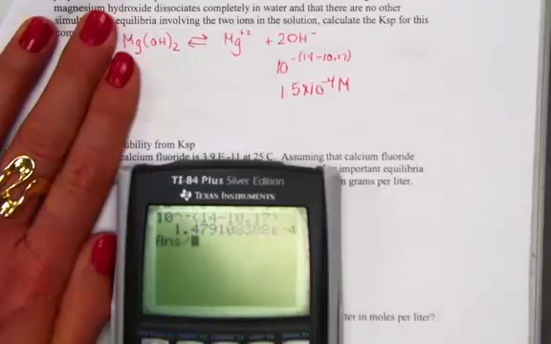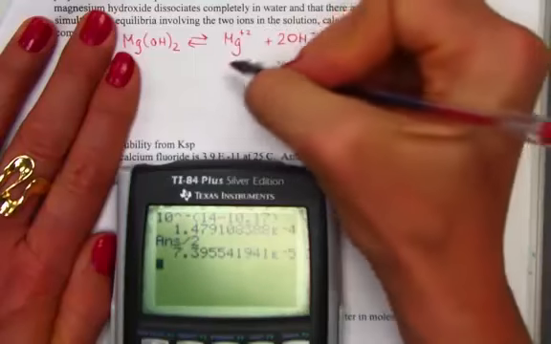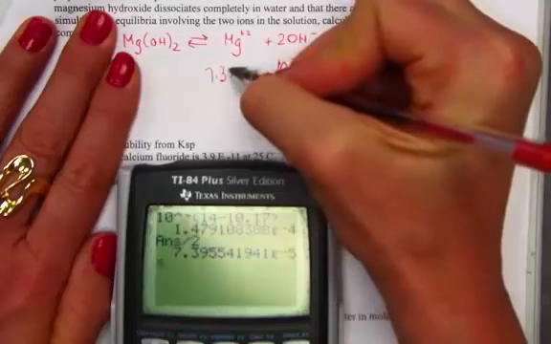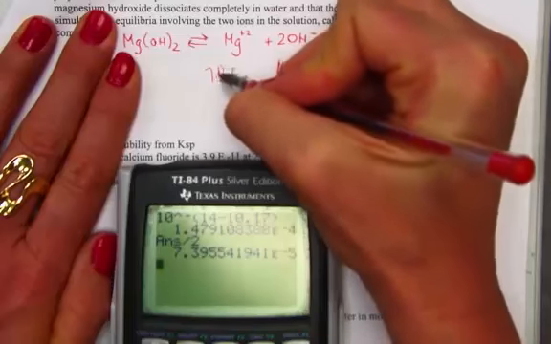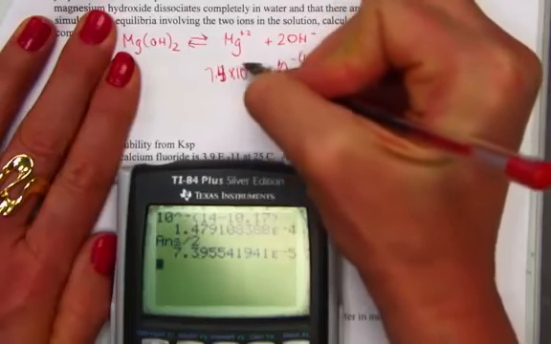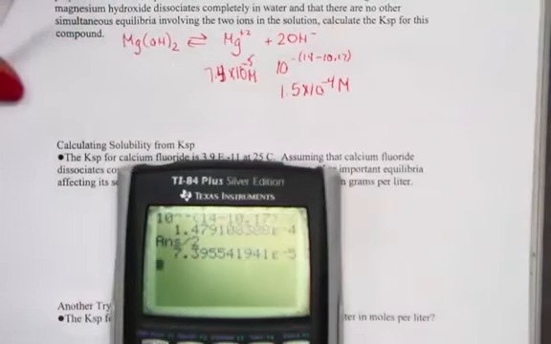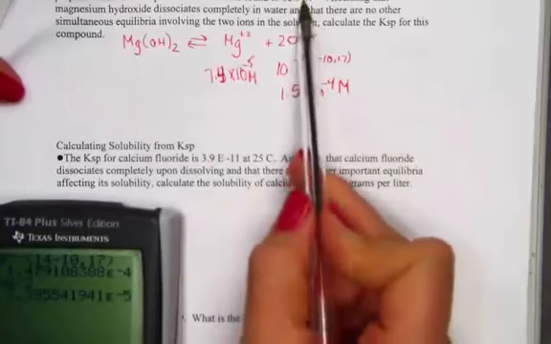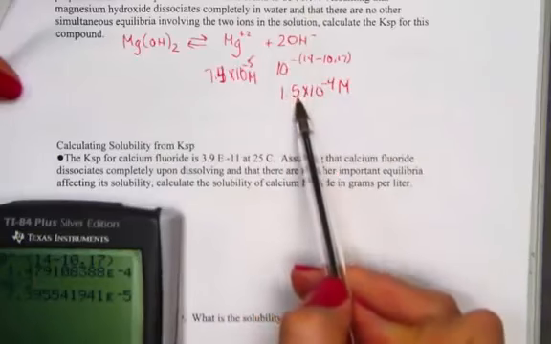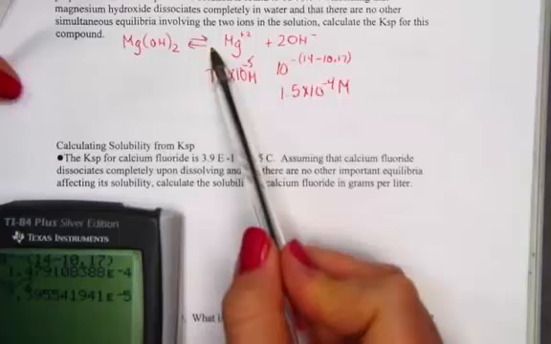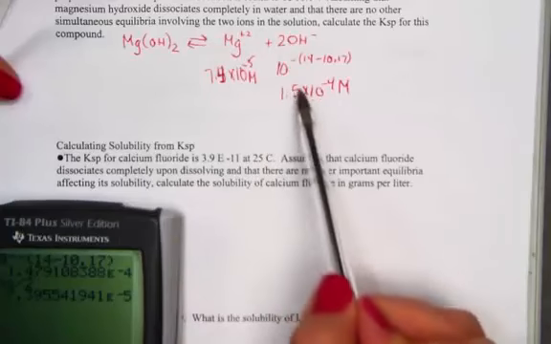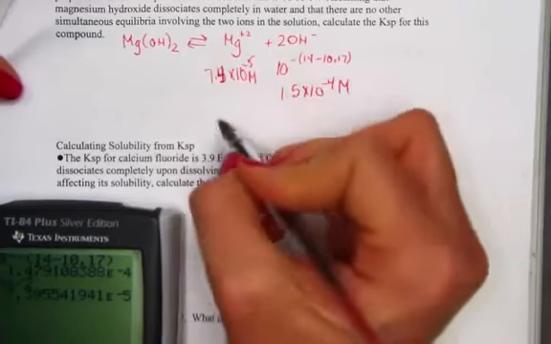So I'll simply divide that by 2 and find 7.3, maybe I should say 7.4, rounding better, times 10 to the negative 5th molar. So with this example, we were able to pull out from the pH the concentration of the base ion. With the stoichiometry, one-half of that value gives magnesium.